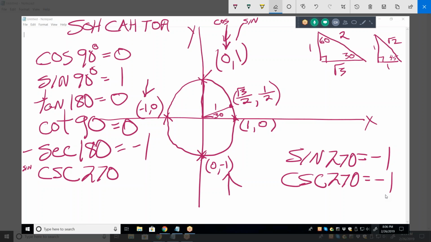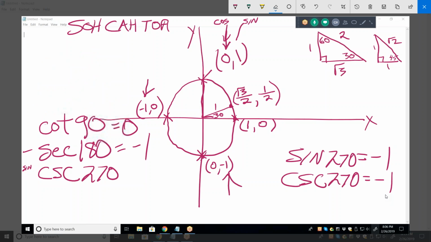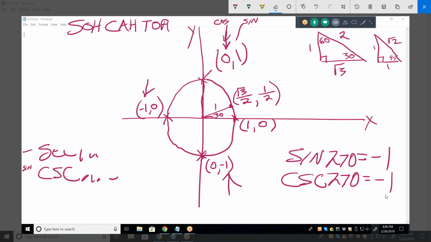And let me make some room by erasing some of this. Sine of -270. Okay, hold on. Now negative, all we do is go clockwise instead of counterclockwise.